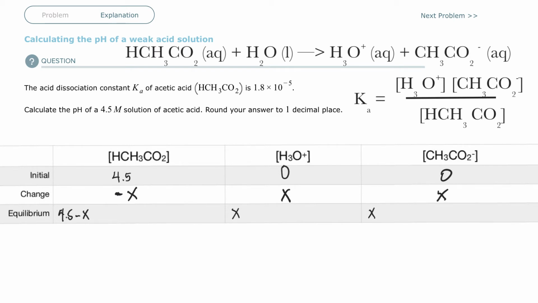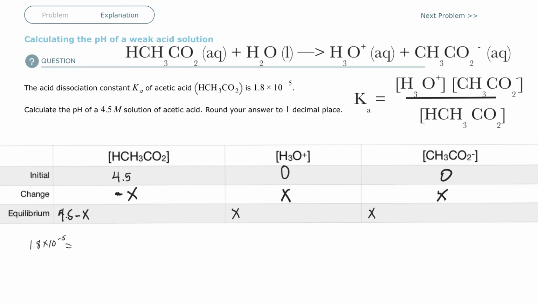So I'm going to fill it in now. So here's my K sub A. K sub A is 1.8 times 10 to the minus 5. And then I'm going to put the two that are on the right. The two that are on the right are the hydronium and the acetate. So that's X and X. They both go on the top.